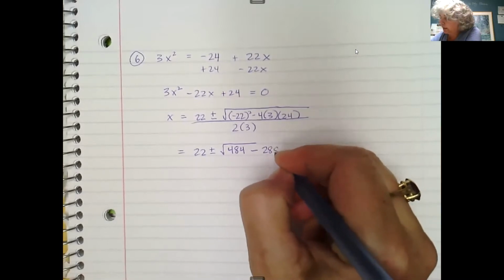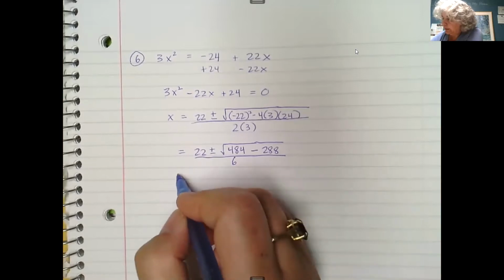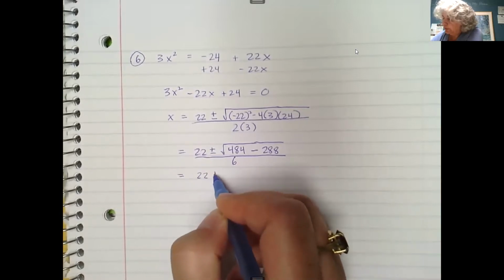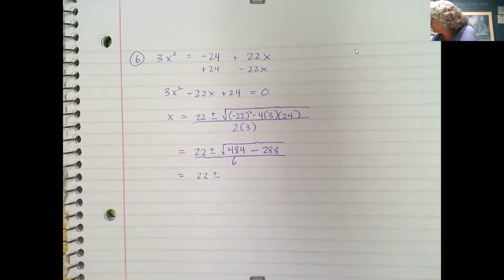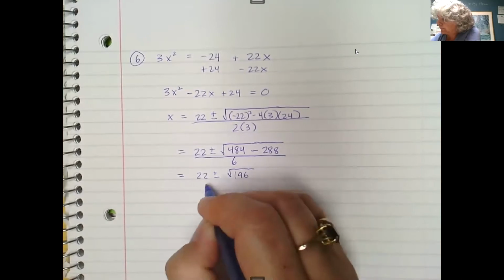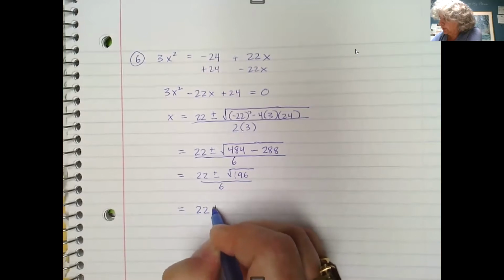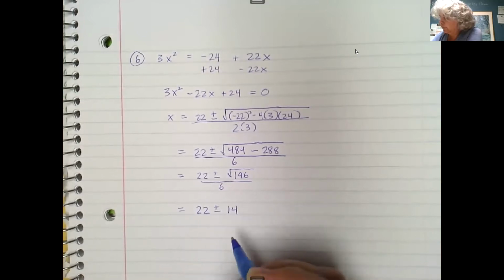Minus 288, and 6. So this is what we get. 22 plus or minus the square root of 484 minus 288, which is 196 again. And again, the square root of 196 is 14, so 22 plus or minus 14 divided by 6.